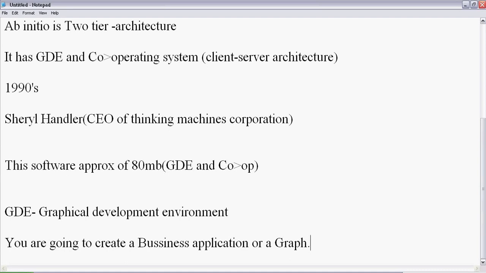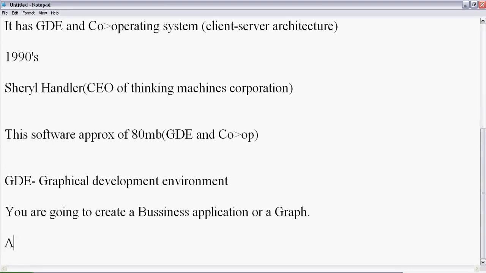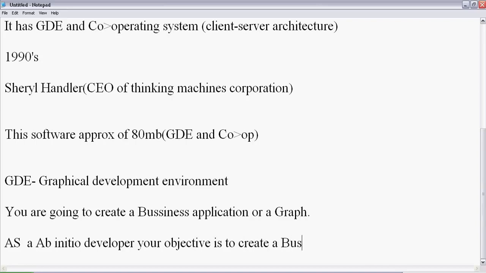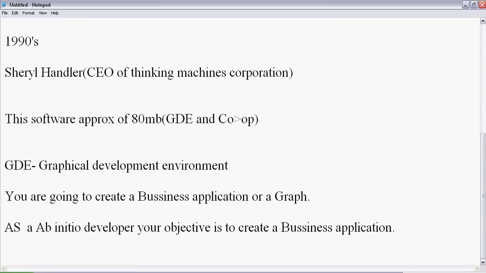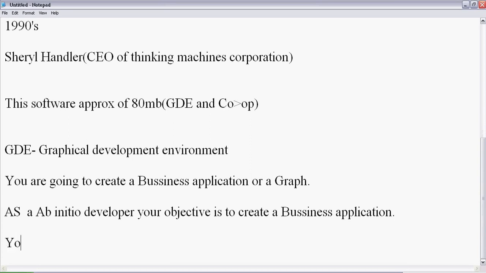As an Ab Initio developer, your objective is to create a business application, which you call a graph.